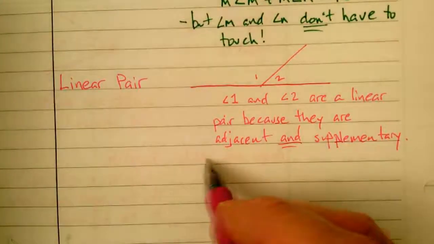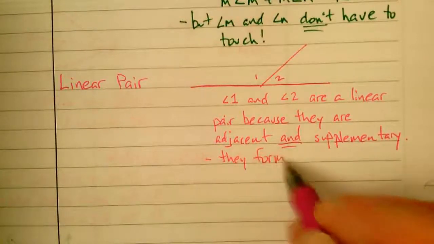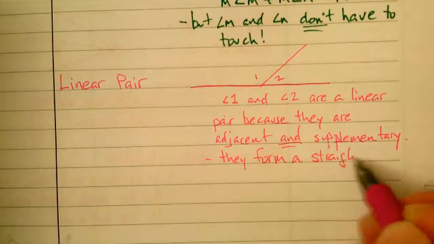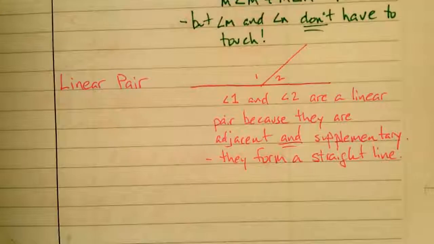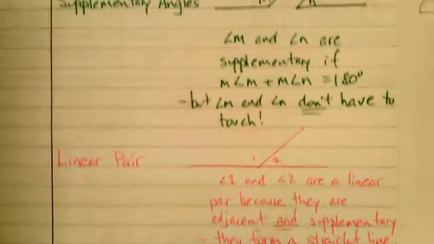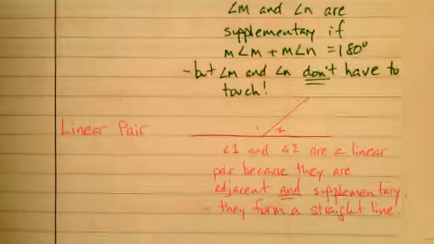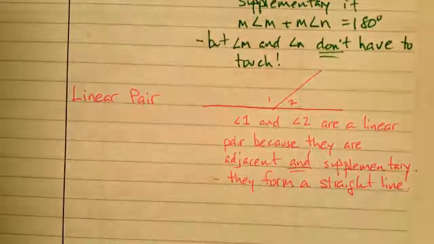Another thing is they form a straight line. Okay. So they're supplementary and adjacent, which means that they form a straight line. So slightly different from just ordinary supplementary. Ordinary supplementary means they just add up to 180. Linear pair, they're going to add up to 180 because a straight line is 180 degrees.